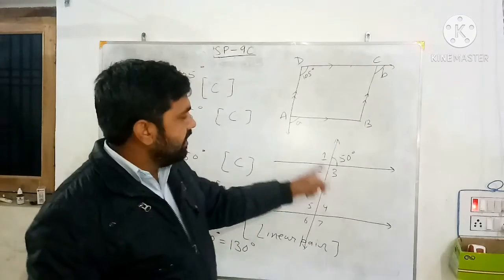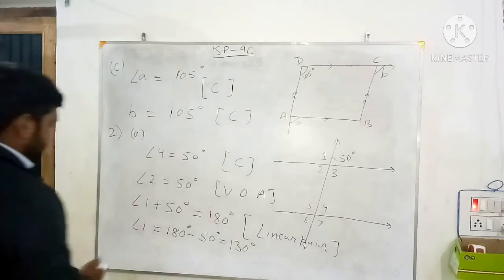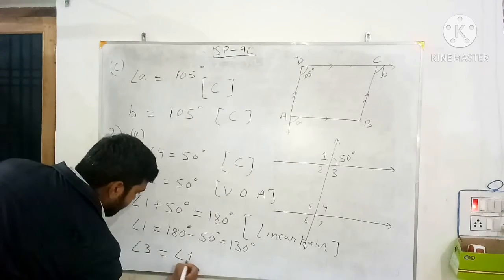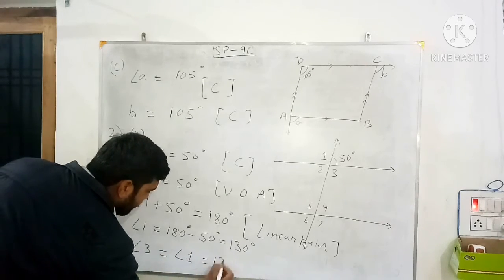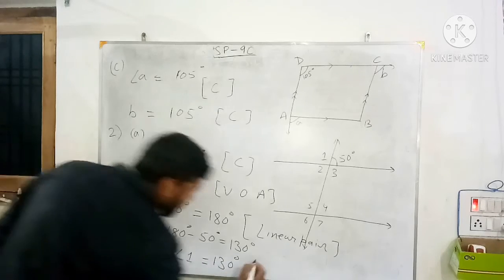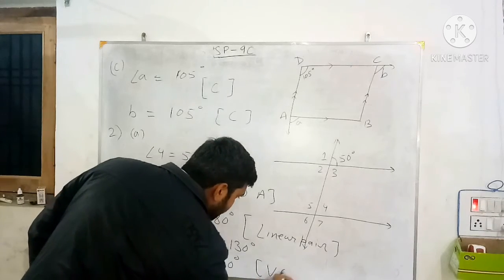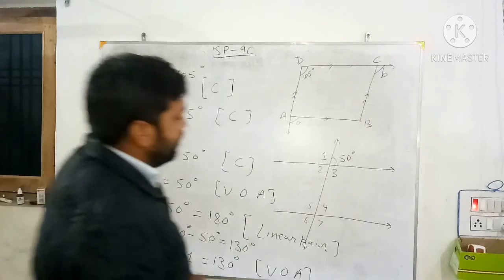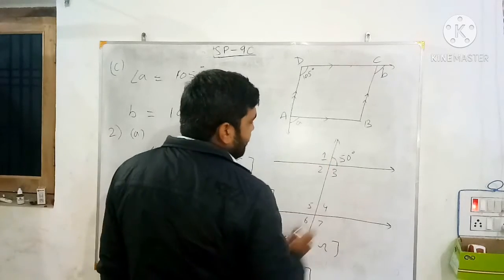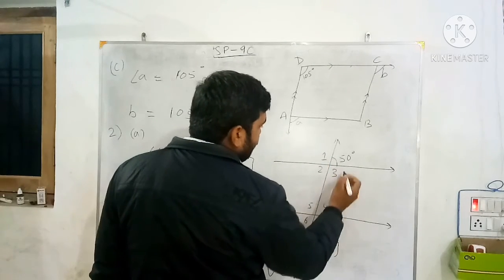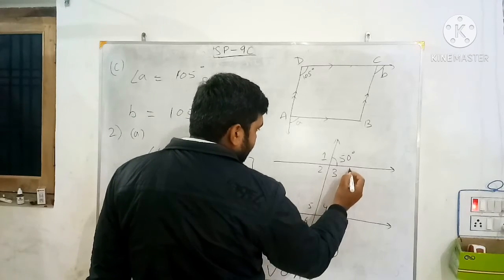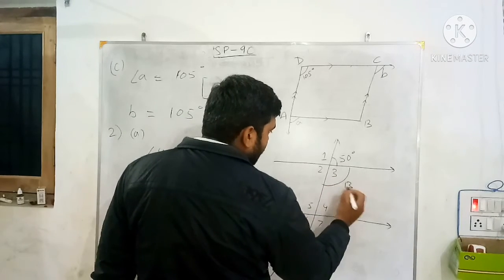Now angle 3 is vertically opposite to angle 1. So angle 3 equals angle 1 equals 130 degrees. Reason, vertically opposite angles. So we got angle 1 as 130 degrees and angle 3 also 130 degrees.